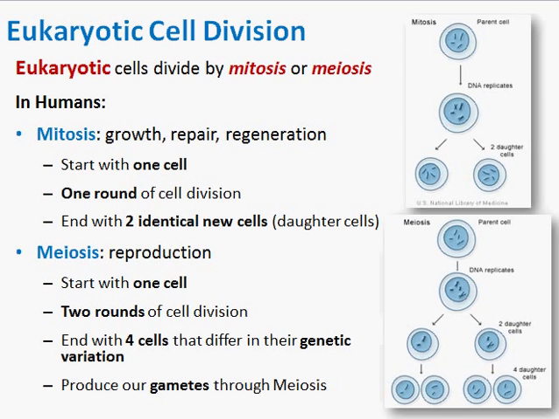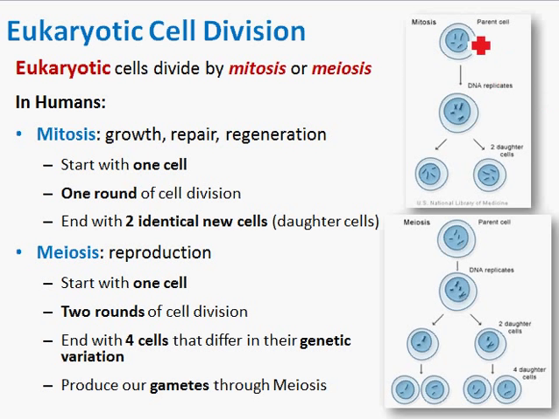Now in eukaryotes, organisms with a nucleus, there are different types of cell division. There's mitosis, which is more specifically the nuclear division, and then when the whole cell splits, that's cytokinesis. But mitosis is used for growth, repair, and regeneration. Okay, you start with one cell, you go through one round of nuclear division and cell division, and you end with two daughter cells, and they're identical genetically to the cell that you started with at the top.